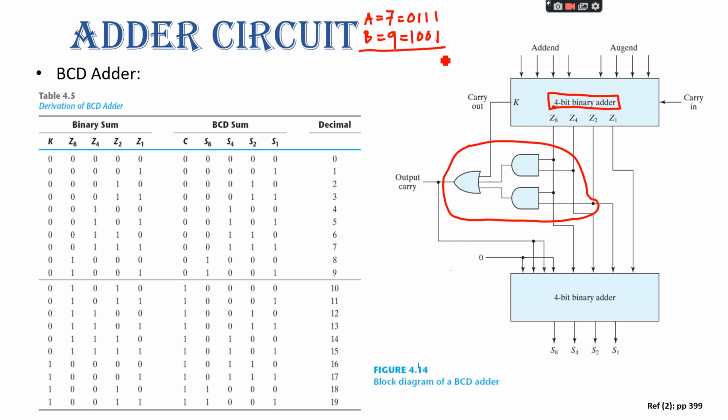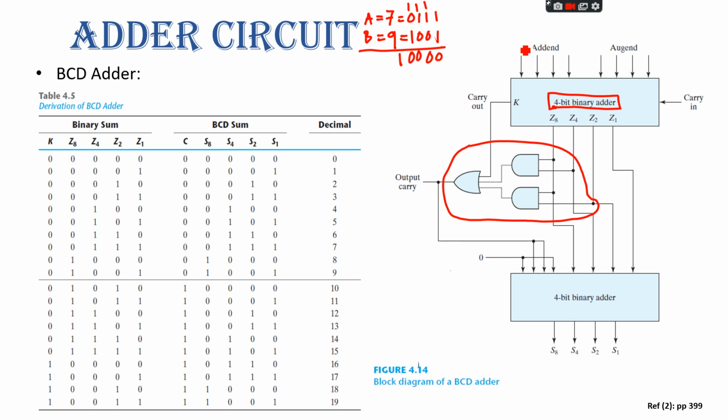If you add them, 1 plus 1 gives you 0. Again 1 comes here, so it is also 0. Then 1 comes here, it is also 0. Then 1 comes here, this is also 0, and this 1 comes here, right? Did I do it right? Yes, sir.